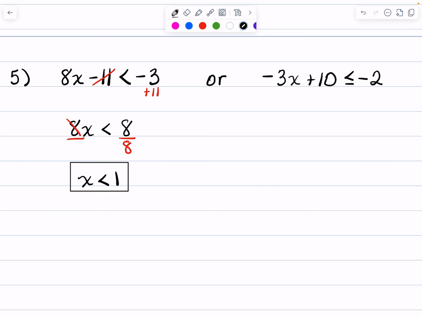All right, now the other side, we've got +10, and I'm going to take that +10 and subtract it from the right side of the inequality symbol. So I will have -3x is less than or equal to -12.